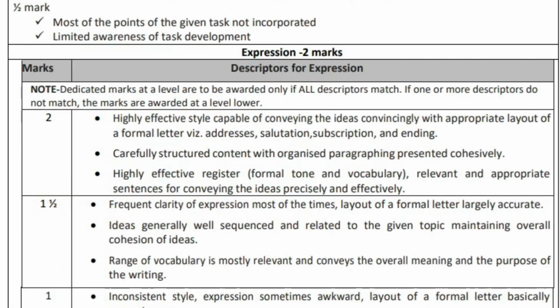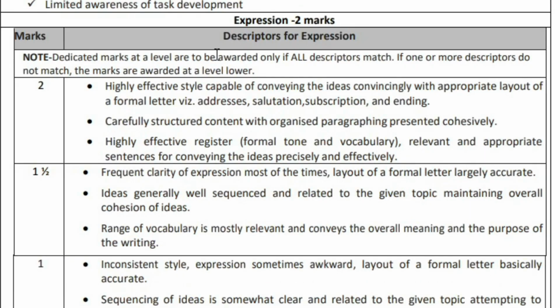So what is the answer given? Let us see this one. So, descriptors for expression. So what is the note? Marks at a level are to be awarded only if all descriptors match. If one or more descriptors do not match, the marks are awarded at a level lower. So same: content 2 marks, expression 2 marks, and accuracy 1 mark.